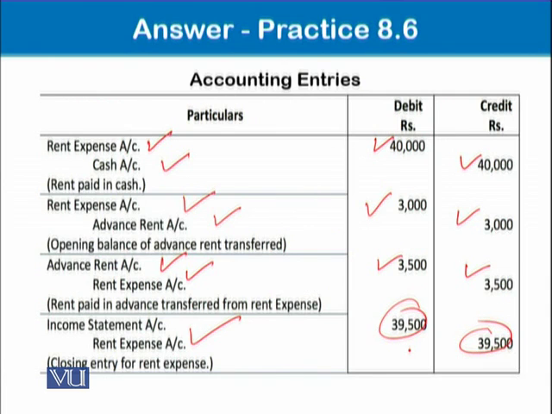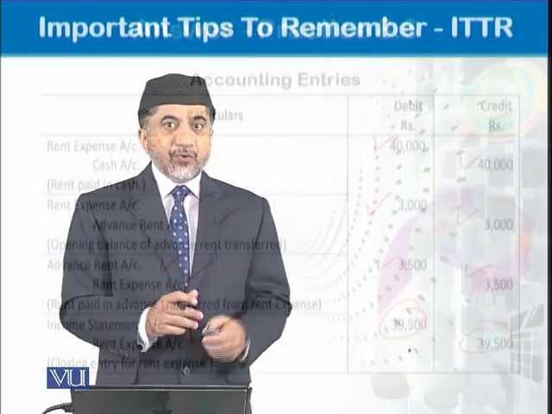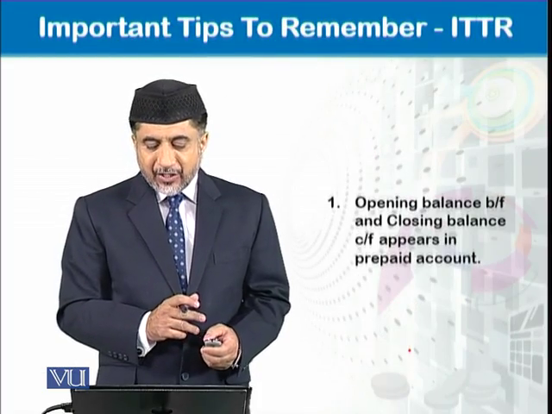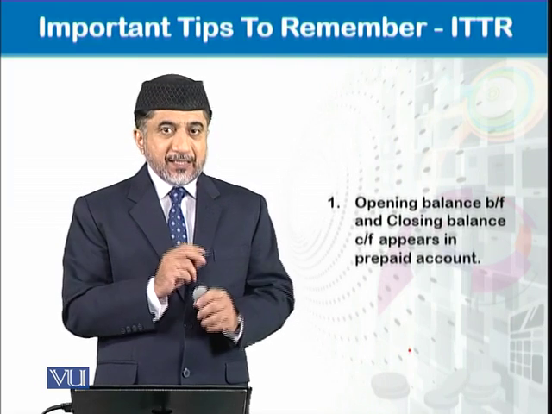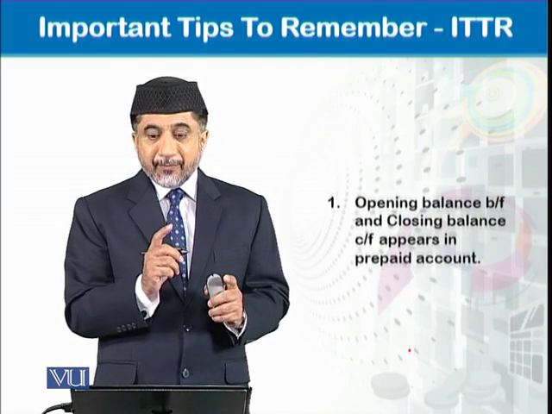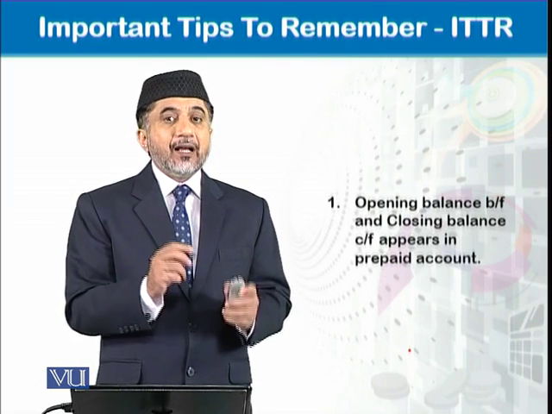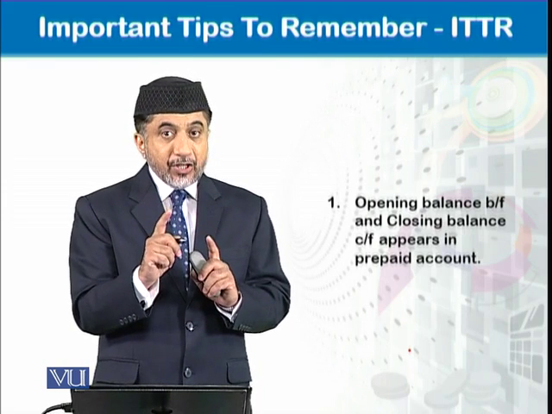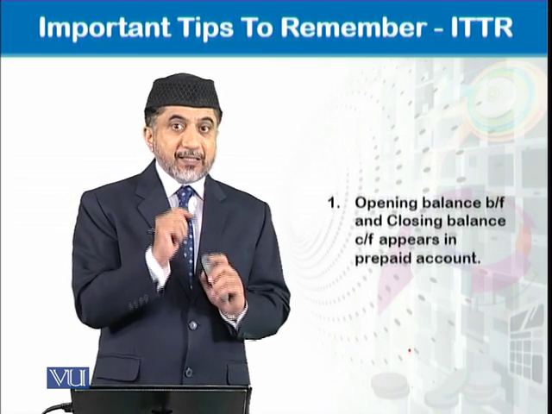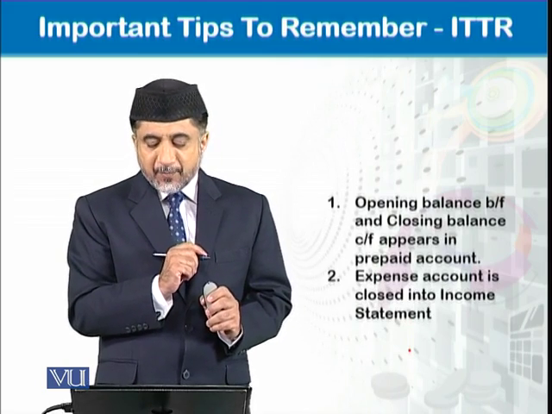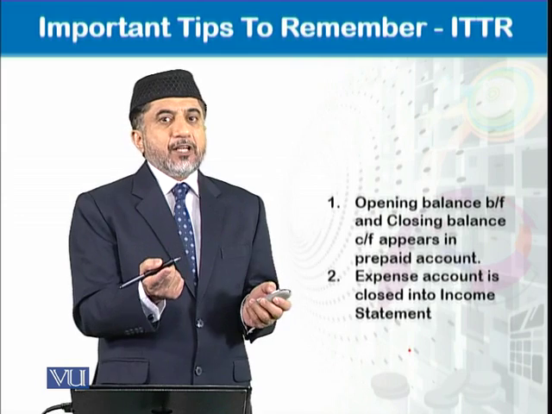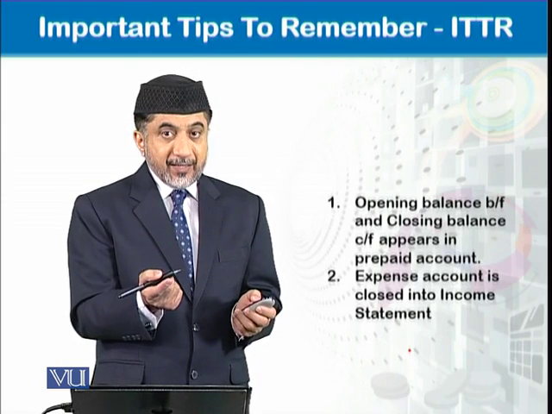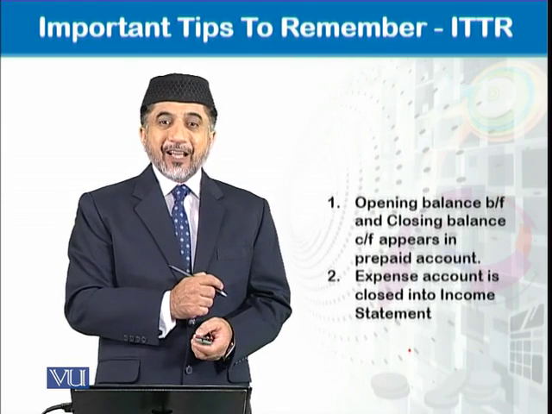So these are the accounting entries for the two account method. What we learned in this module for the two account method is that opening balances brought forward and closing balances carried forward are recorded in the prepaid account. These are not items of the expense account. Then the expense account is closed in the income statement. Always remember. Thank you very much.